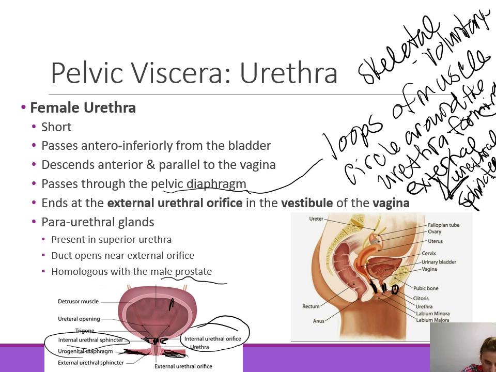And the pelvic diaphragm then wraps around the urethra to form the external urethral sphincter. The external urethral orifice is just the opening into the urethra. And again, that is in the vestibule of the vagina, so it's enclosed within the labia minora and labia majora. And it's just anterior to the vagina and just posterior to the clitoris.